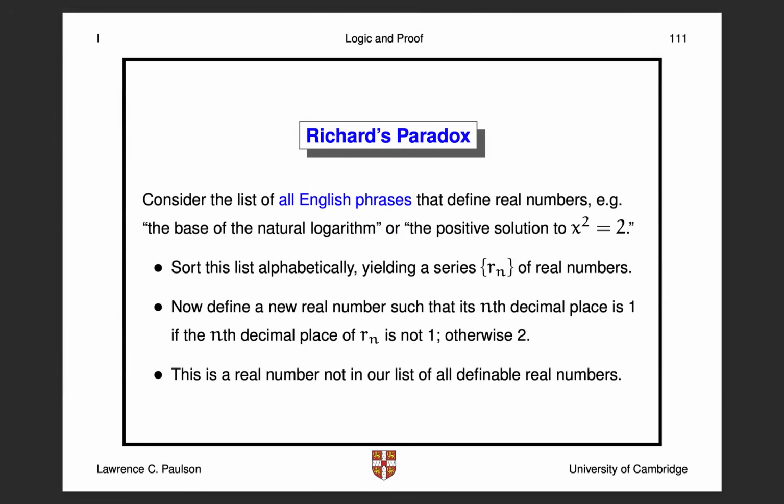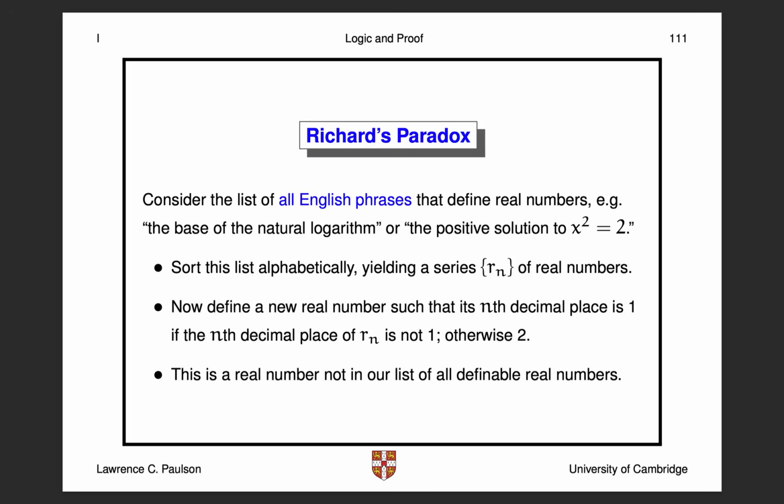Now let's look at a little thing called Richard's paradox. It's really very clever. So our idea is to notice that there are many phrases in the English language that define real numbers. So if I refer to the base of the natural logarithm, that is a number we know as e.